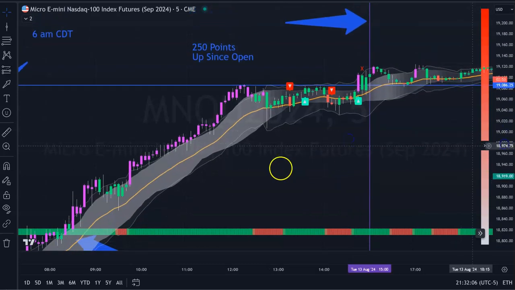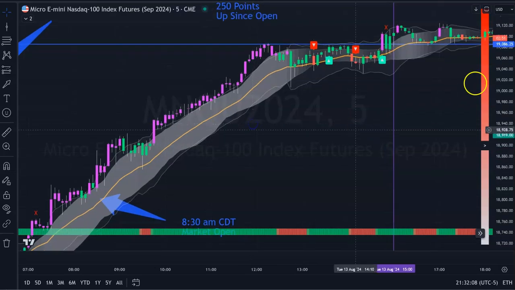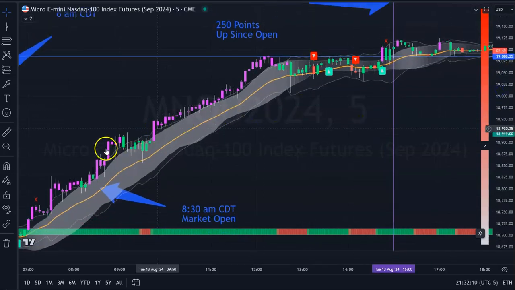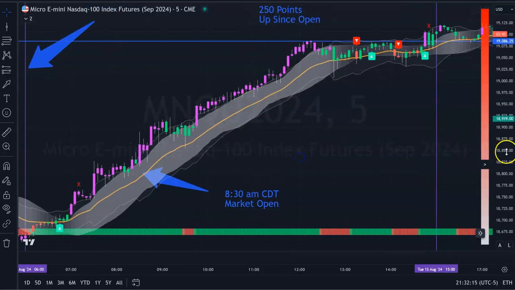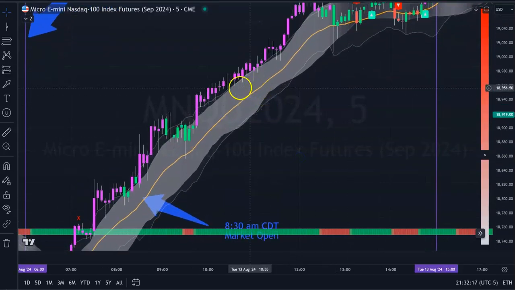Somehow I did make money, but it was hard. These wicks are very deceiving on these candles that you see here. We just enlarge this area here. I don't know if you can see them. In both directions. I mean, look at these candles. I don't even know what that is. But anyway, just look at both to the downside and the upside.